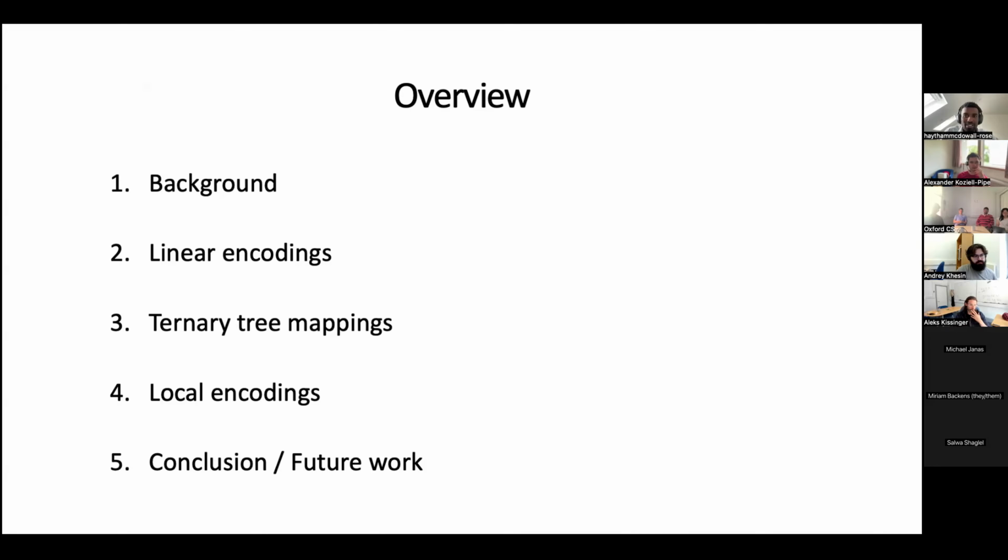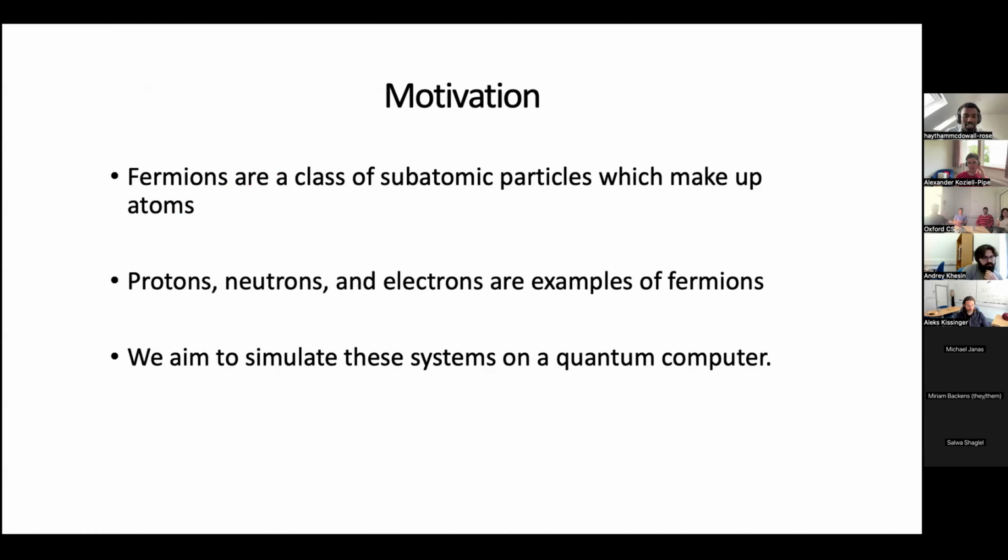So let's first talk about a bit of the background of what all this stuff is and where it comes from. To motivate this, fermions are a type of subatomic particle. They include protons, neutrons, electrons, I think neutrinos as well, but basically a lot of the stuff that makes up atoms, which then make up all the other things, is fermions.